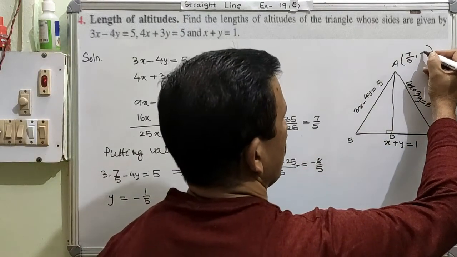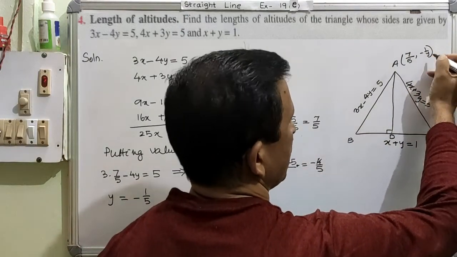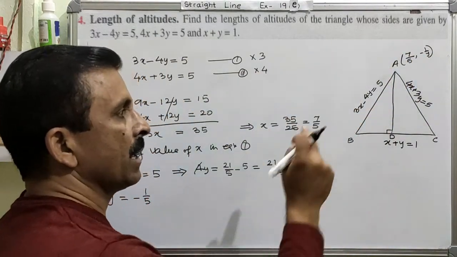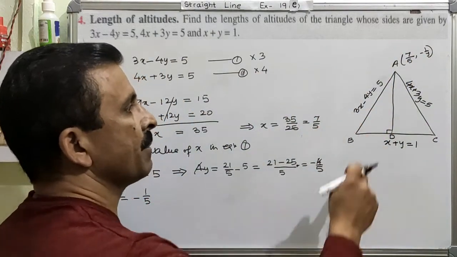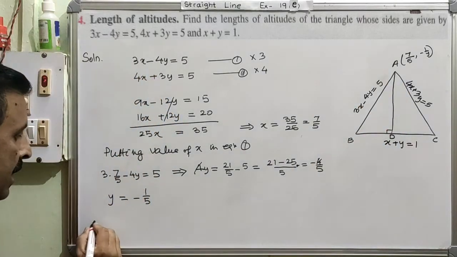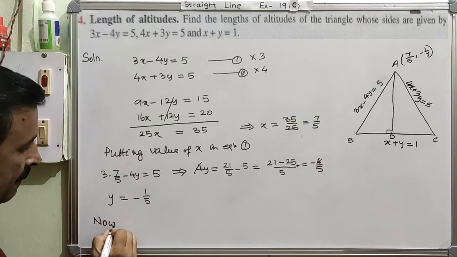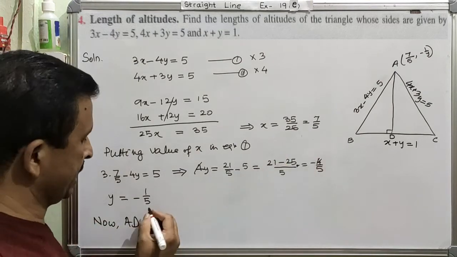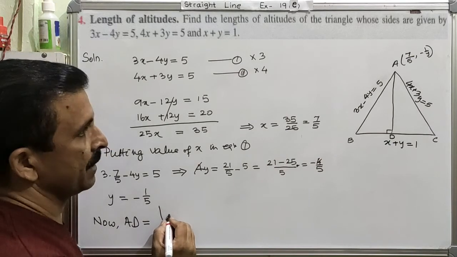So you got the value of y also. So finally we are now equipped. We have the coordinate of point A and we have the equation of BC. Therefore we can find the length of AD. Now, calculating AD using the formula. Take this equation, absolute value, right?